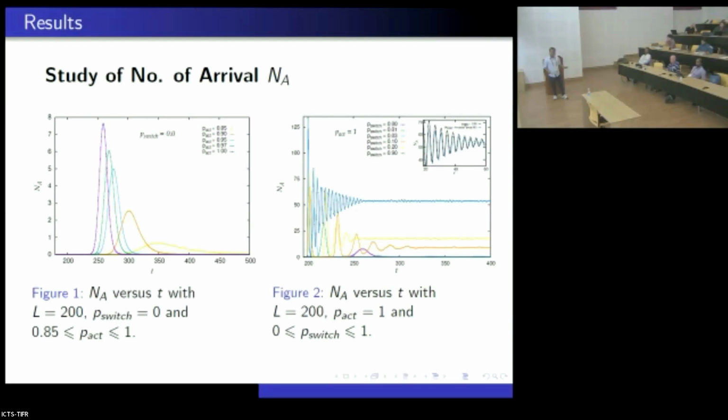I mean, it's 0. And if we incorporate inhibition, that is reducing the P act value, then we are incorporating more inhibition into our system. So we can see that the peak height reduces, because in this case you are not getting lots of active cells.